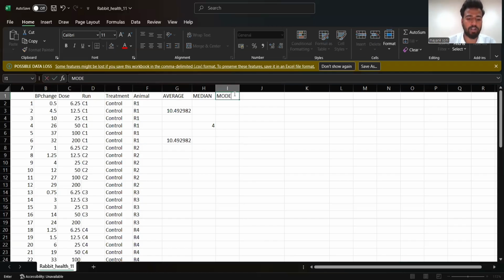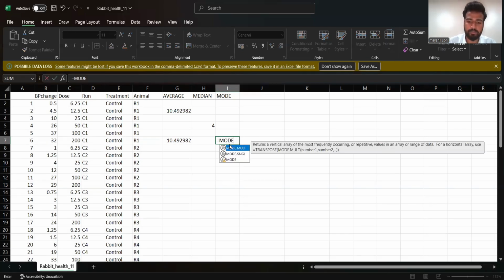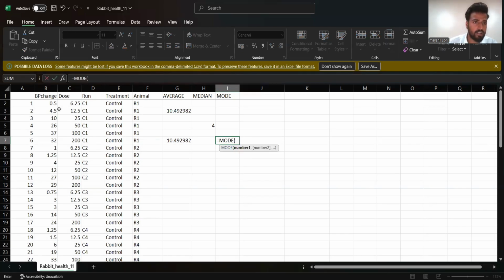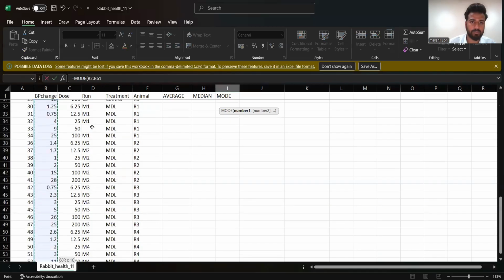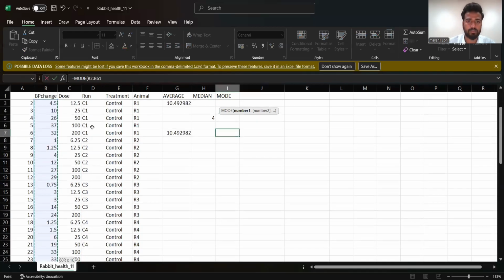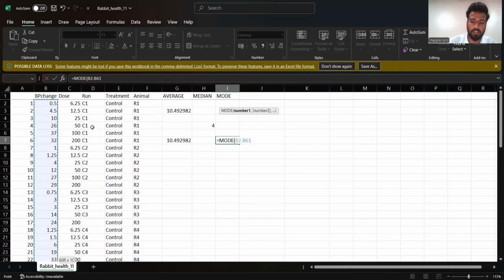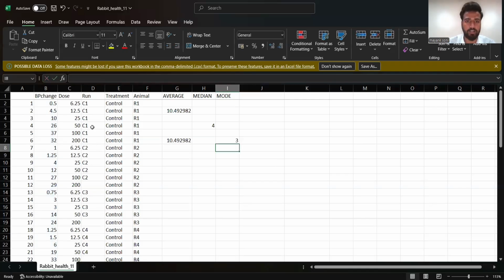And now we calculate the mode. The formula for mode is equal to type MODE, open the bracket, select the BP change column, close the bracket, enter.